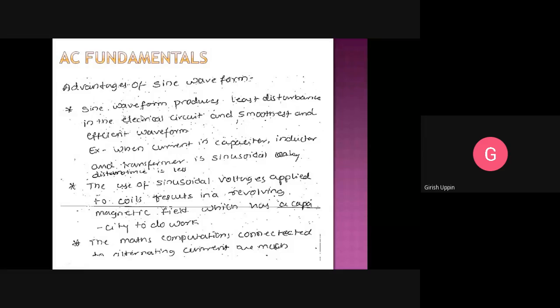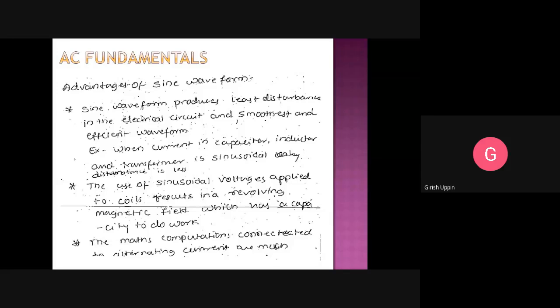So why did we choose the sinusoidal waveform? When they were making a choice of a sinusoidal waveform, there was definitely a benefit of having AC over DC. That is not in scope here.